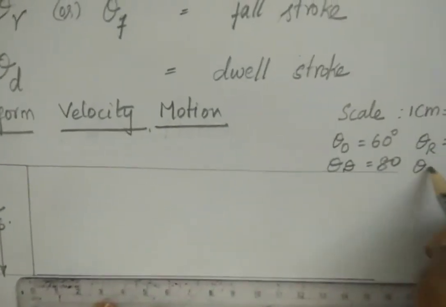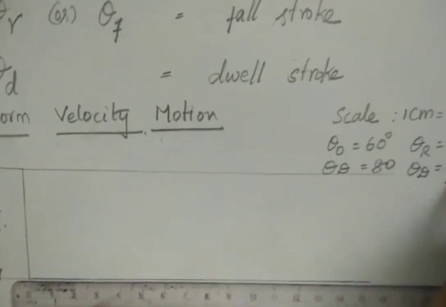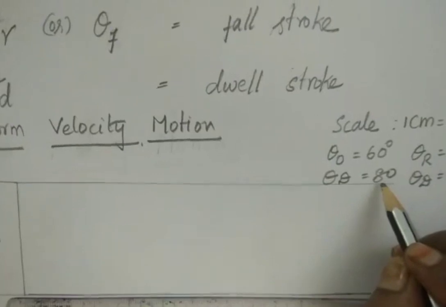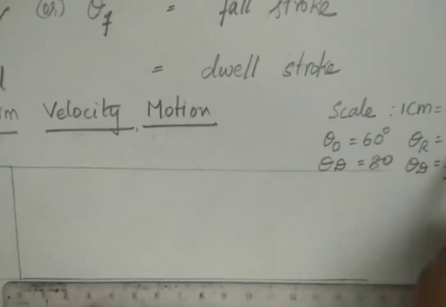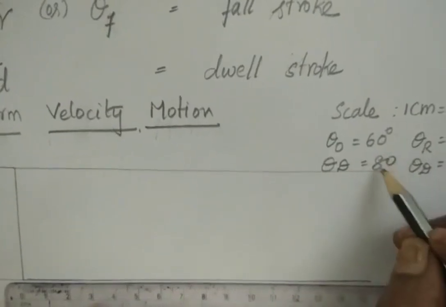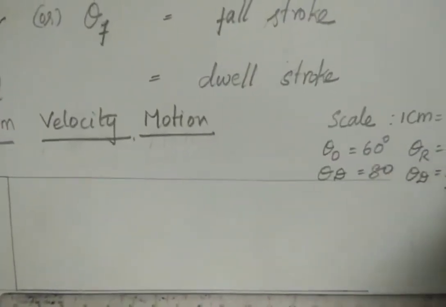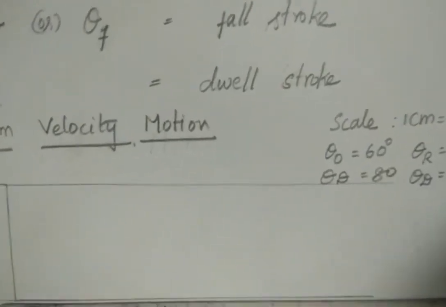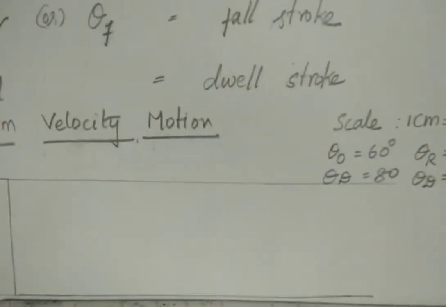The remaining is theta dwell again, that is nothing but 360 minus these angles. 60 plus 80 is 140, plus 70 is 210. So 210 degrees. If you subtract this, you get the remaining amount of cam motion.